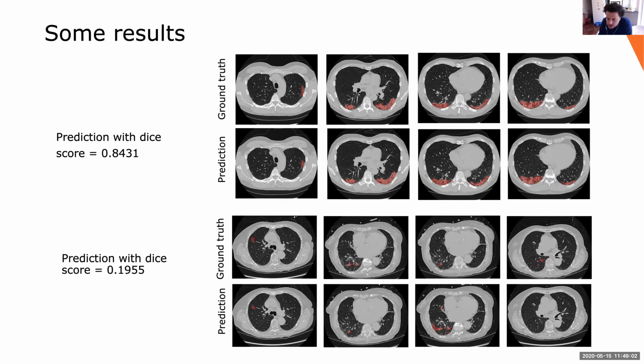On the bottom, you see a patient with few lesions, and you see that in some slices, our prediction missed one of the two lesions, or on the other one, it over-segmented the part. And you can see also how drastically this influenced the score. Now you're at 20%. That's not something that you would want to use in practice, but I do think it shows how hard the problem actually is, especially in the case of quite subtle lesions that you would have to detect.